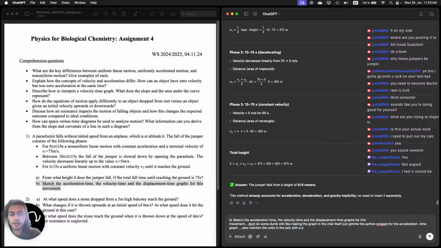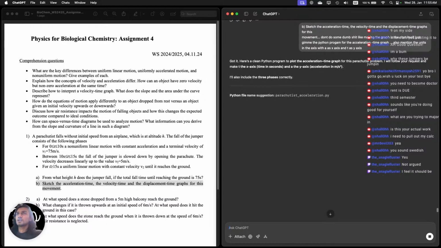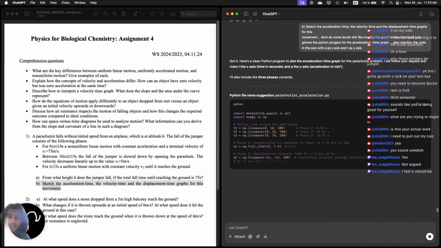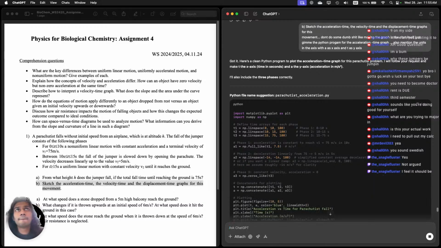With A as x-axis and T as y-axis. Where's PyCharm? Dude, the sun. I mean, there's no sun here, but still the light. Parachutist acceleration.py.